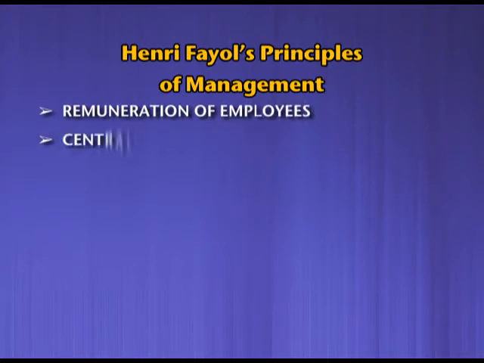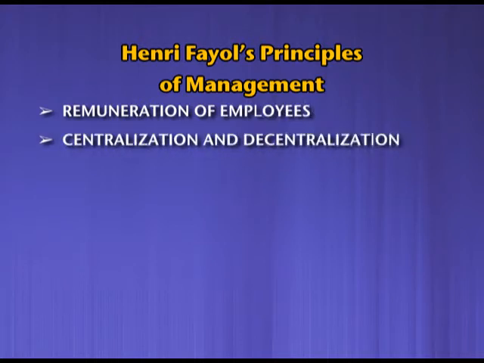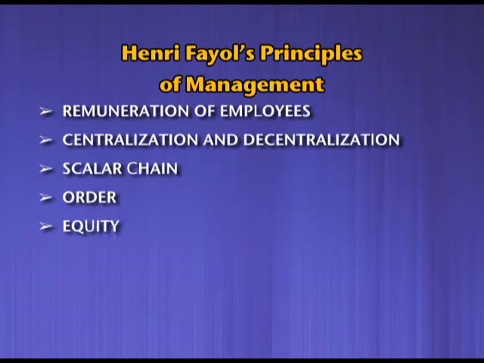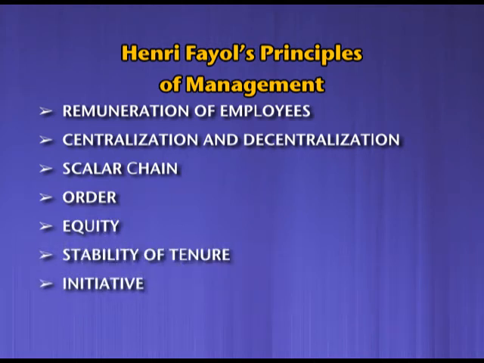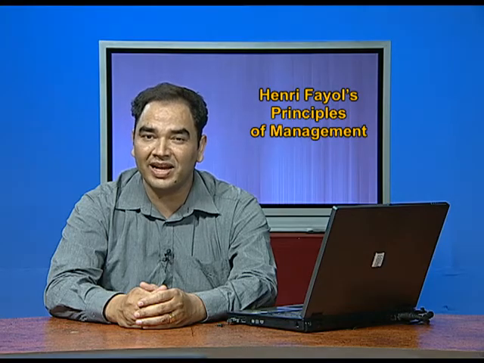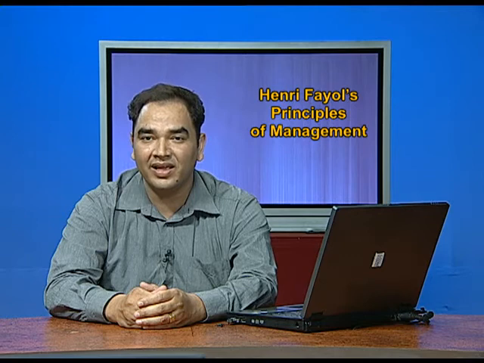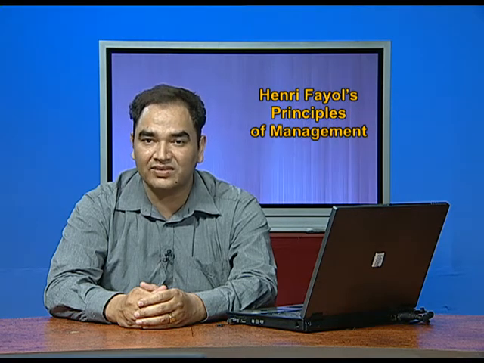Number 8, centralization and decentralization. Number 9, scalar chain. Number 10, order. Number 11, equity. Number 12, stability of tenure. Number 13, initiative. And number 14, esprit de corps. These 14 principles provide guidelines to all the managers working in the business organizations and will certainly help in the achievement of their operations successfully.